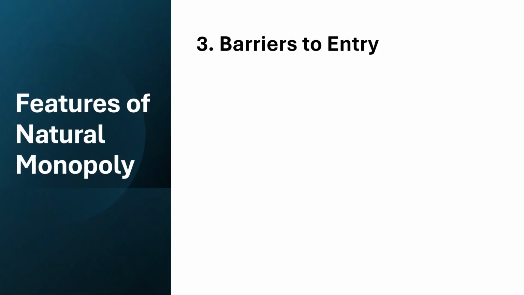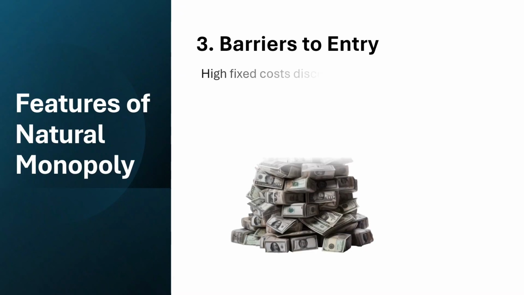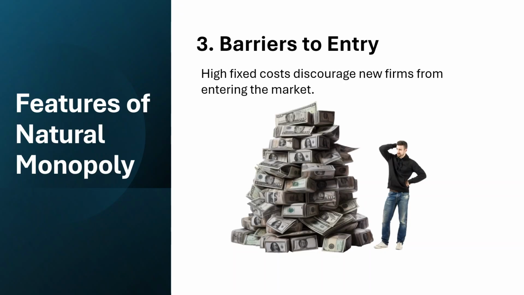Another important feature of a natural monopoly is barriers to entry. As these industries involve very high fixed costs to enter the market, a new firm would need to make the same large upfront investment. Because this investment is so expensive and risky, most new firms are discouraged from entering. So the existing firm faces very little competition.